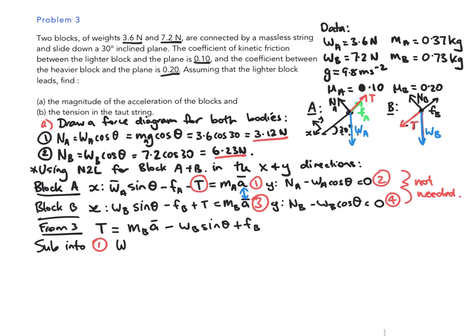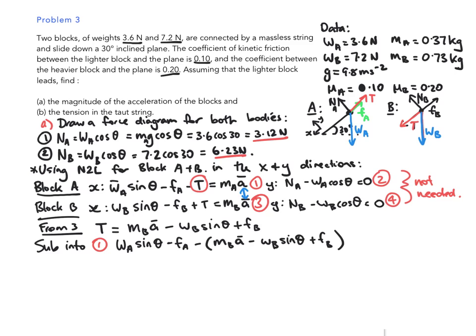We get W_A sine theta minus F_A minus, substituting in for this, m_B a minus W_B sine theta plus F_B.